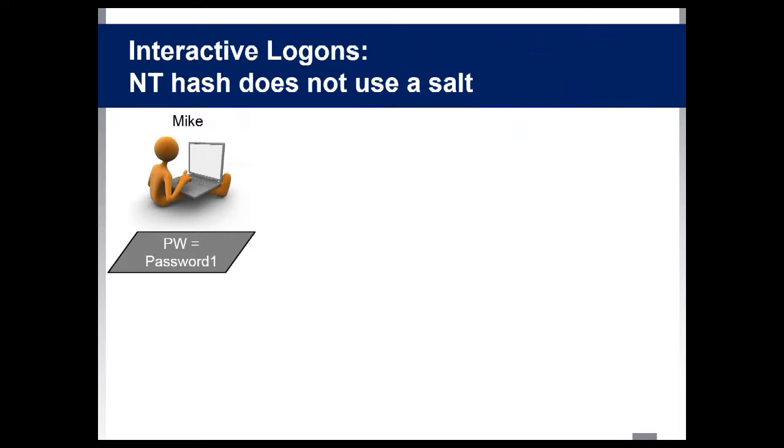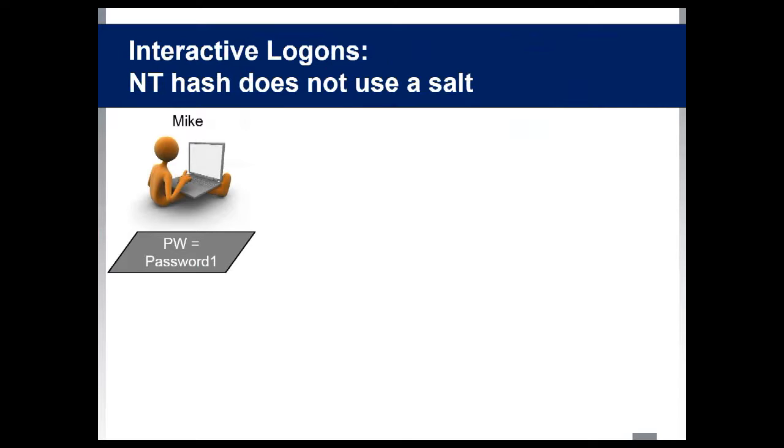Really, the main problem with this idea of pre-computing the password hashes is that the NT hash doesn't use a salt. In other words, it doesn't use anything unique. So when the password hash is created, it's just the password itself that's fed into the hashing algorithm, nothing else.